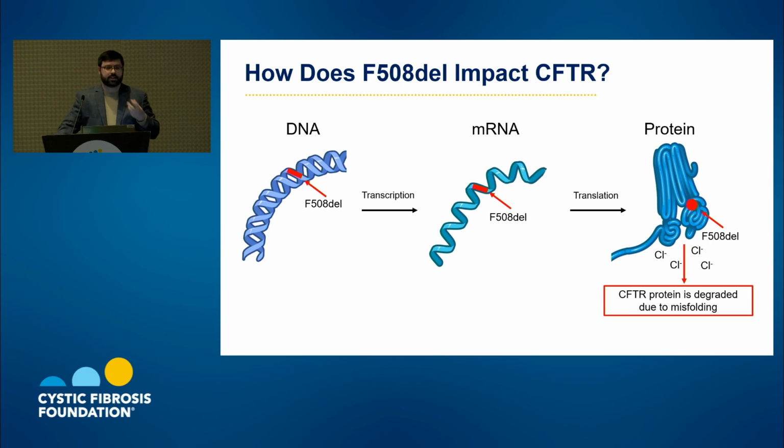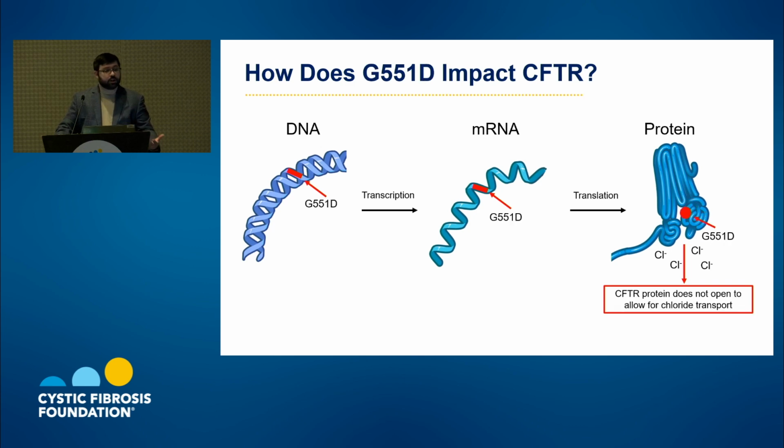As a result, the cell recognizes this and degrades the product. So it misfolds. If we look at G551D, it's similar in the sense that you have DNA to mRNA with the mutation, and ultimately you have a protein that does fold correctly, it does transfer and move to the airway surface, but it's not able to open properly. So you end up with the same result, there's no chloride efflux.